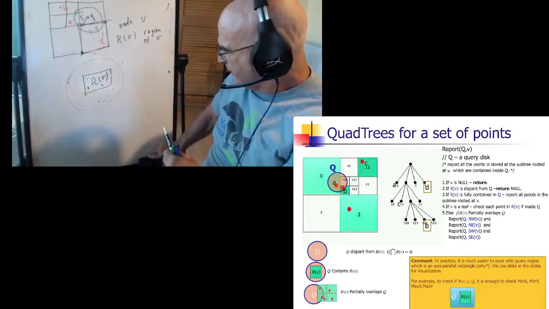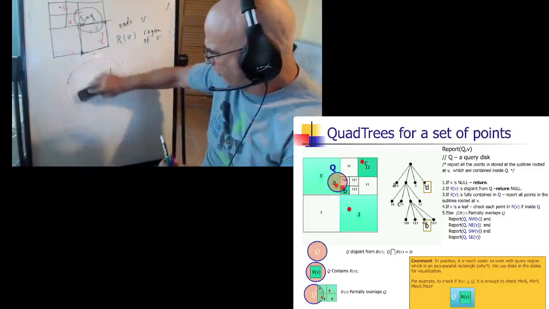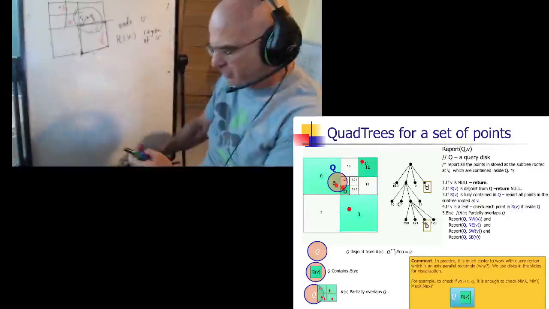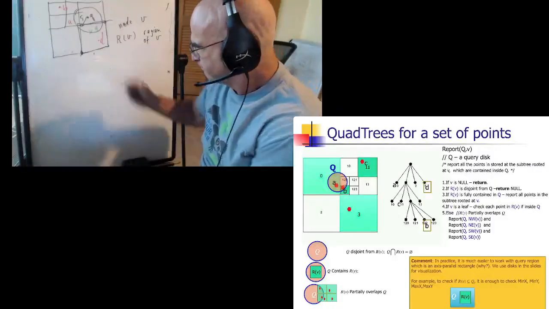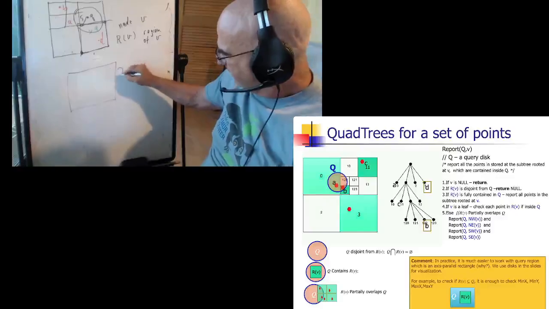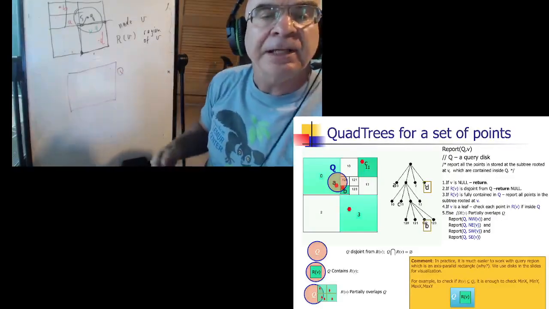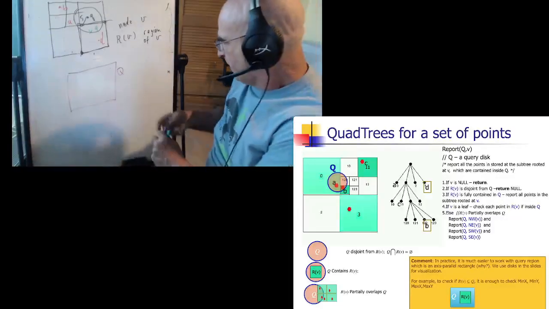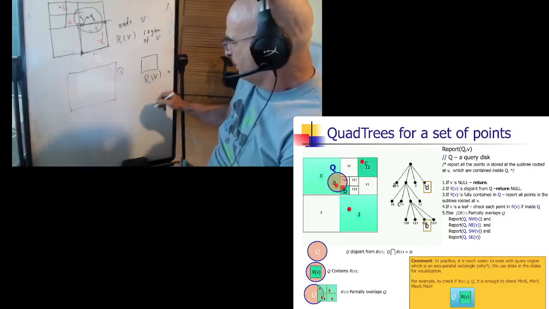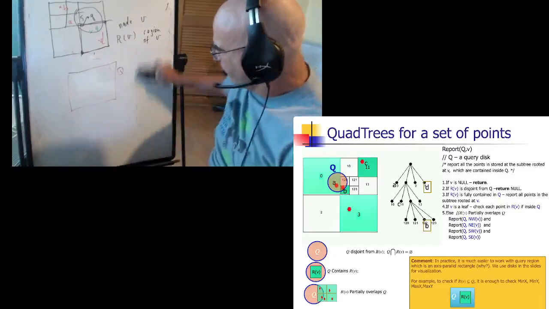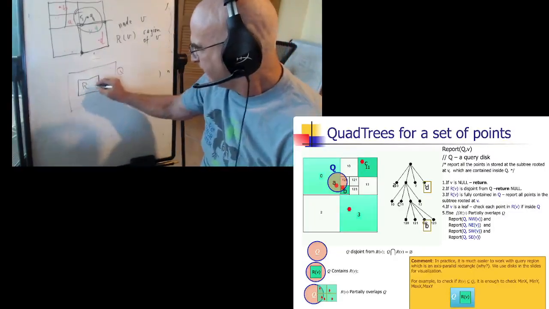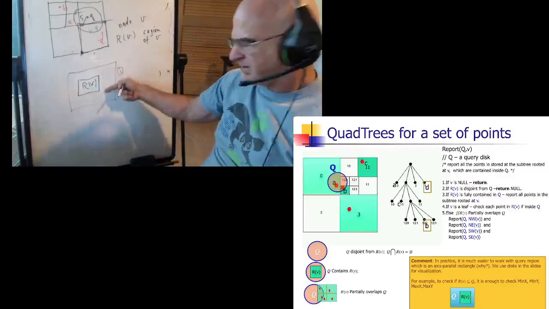Next condition here is, oh, by the way, before that, as in the homework, if Q is a rectangle and R of V is a square, how do I know that R of V is fully inside Q?